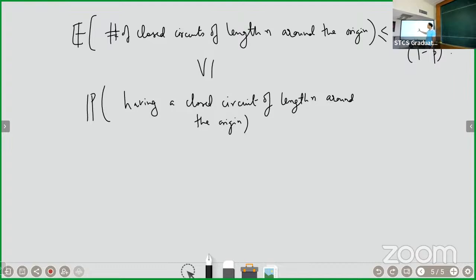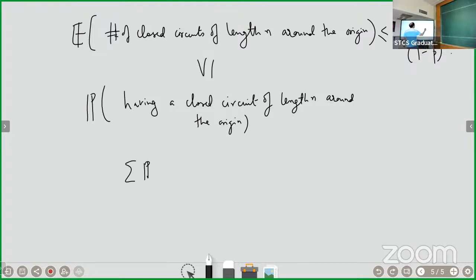Basically, what is going on? I don't want this to be true for any single n. For percolation to happen, I want to control this probability for all possible n. We want to sum it over.